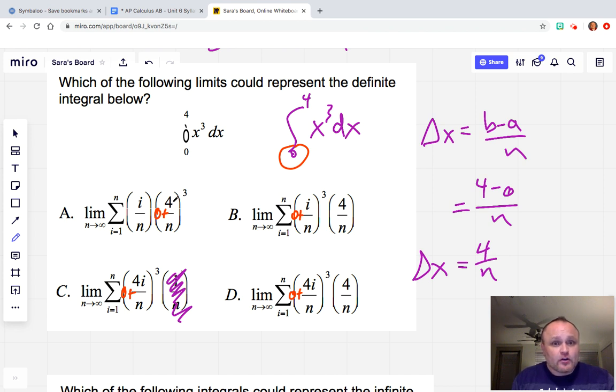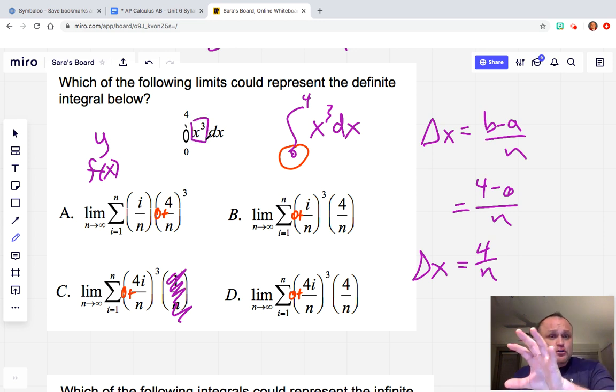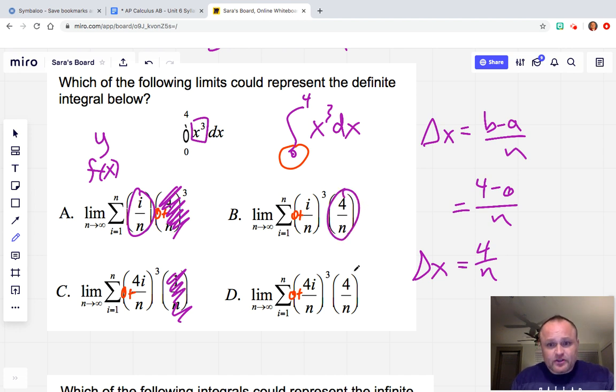Over here, this 4 over n was with the cubed, aka the function or the y value, aka the f of x integrand. So it's like x cubed. It's not here because 4 over n needs to be the width, okay? Over here, this is the width and this is the width. So right now we know it could either be b or d, okay?